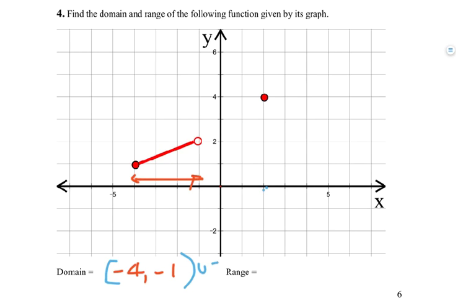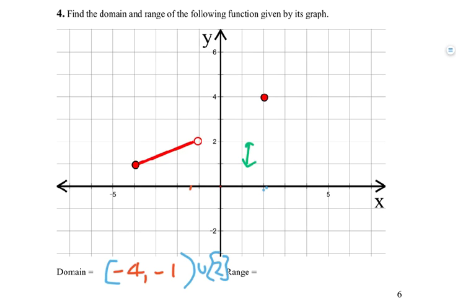So we can use a little union symbol and a little set bracket. And there we go. So we've got an interval and one finite point. The range is going to be similar to that. The range, then, our smallest value for the range is going to be 1.